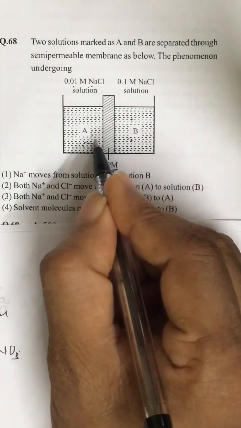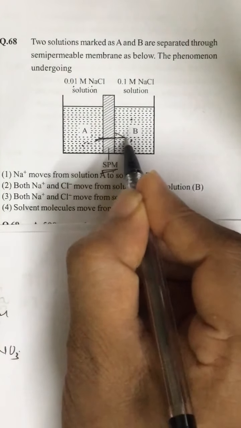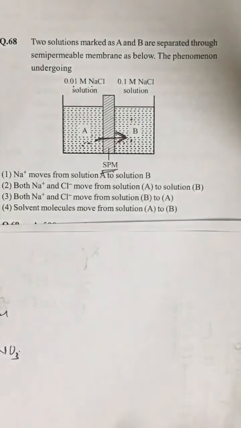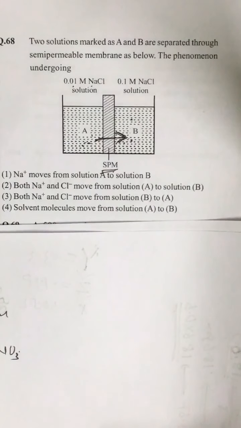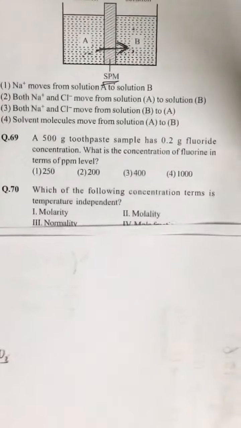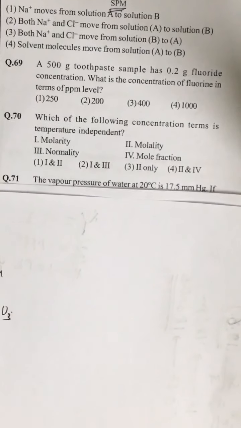To equalize the vapor pressure, we observe that solvent particles move from the dilute solution to the concentrated solution. This is called osmosis, the movement of solvent particles. So the correct answer is the fourth option, movement from A to B.